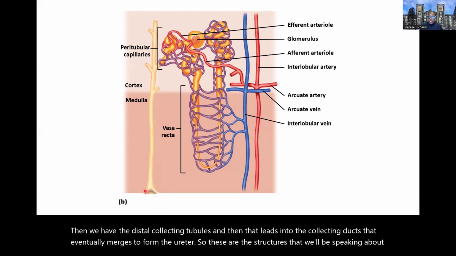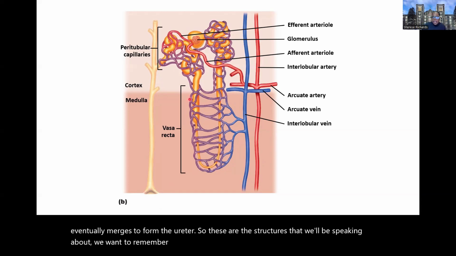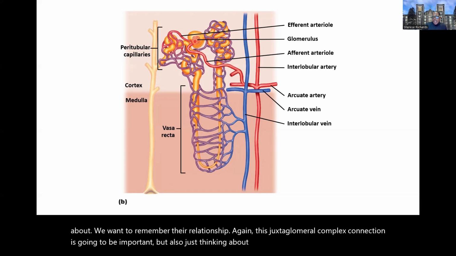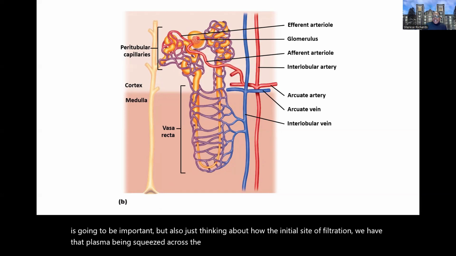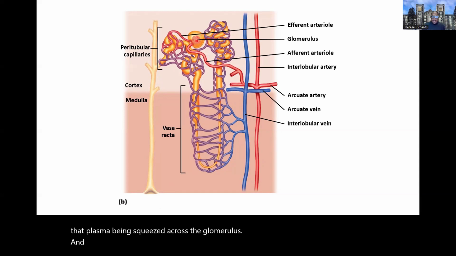So these are the structures that we'll be speaking about. We want to remember their relationship. Again, this juxtaglomerular complex connection is going to be important, but also just thinking about the initial site of filtration, we have that plasma being squeezed across the glomerulus, and the filtrate excepting things like large proteins and erythrocytes, which are going to stay behind in the capillaries.